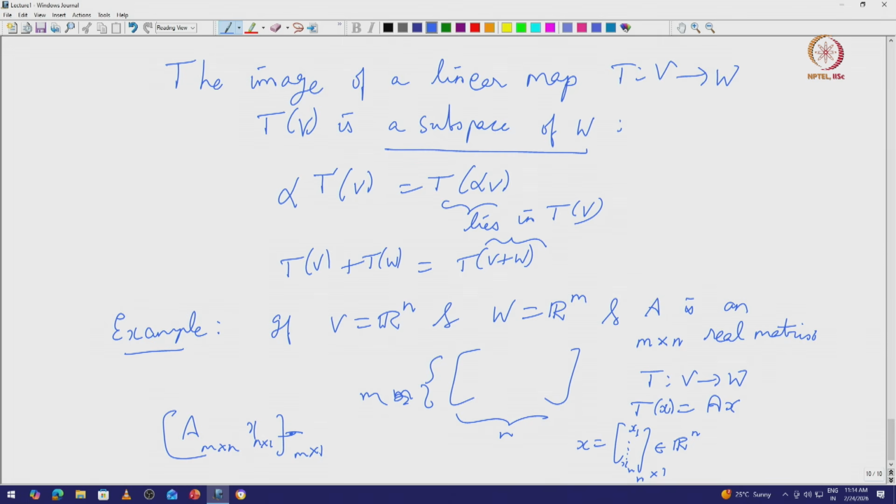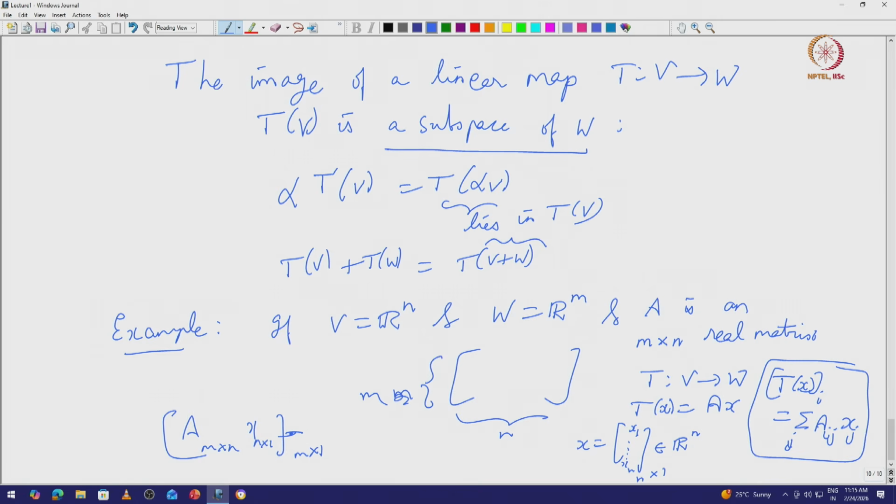So T of x equals Ax is a general example of a linear map. If I were to write it component-wise, the ith component of T of x is the sum over j of a_ij x_j. This is the explicit representation of the linear map.